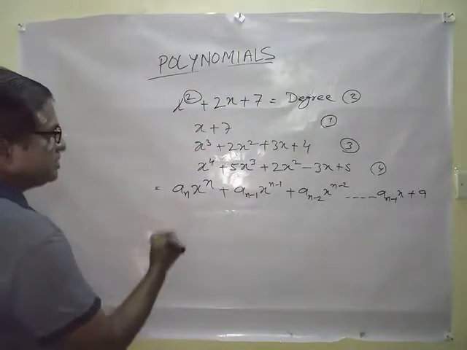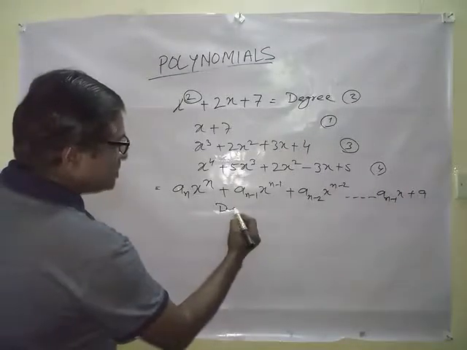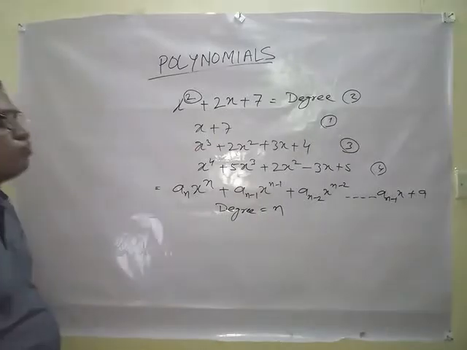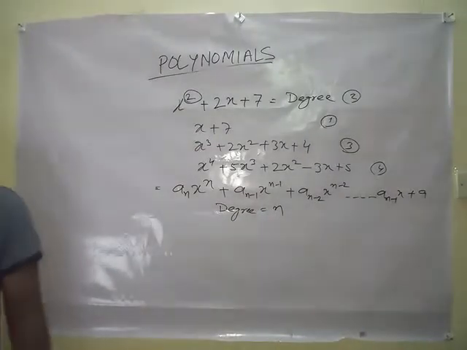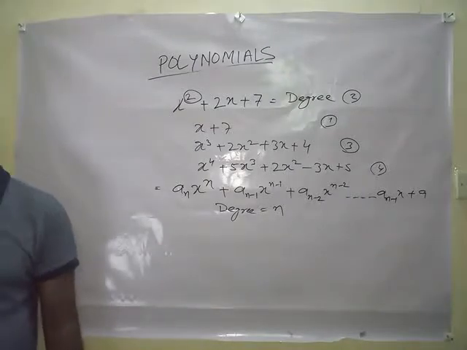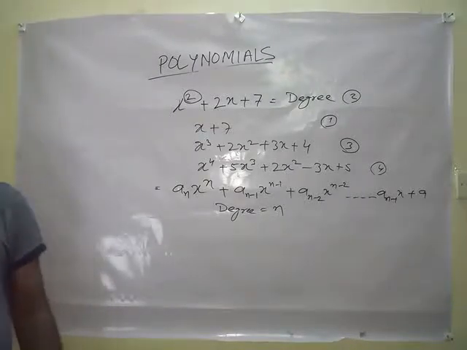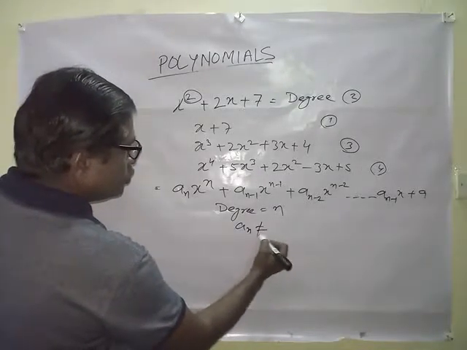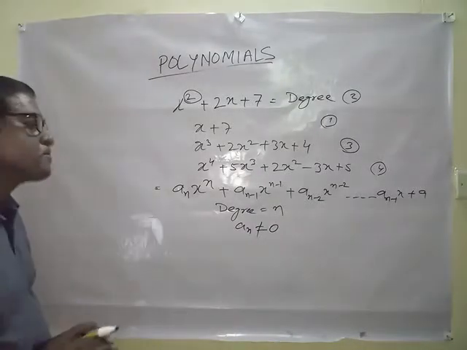If this is the case, then the degree of this equation will be n, whereas n should be a real number and a_n should not be equal to 0.